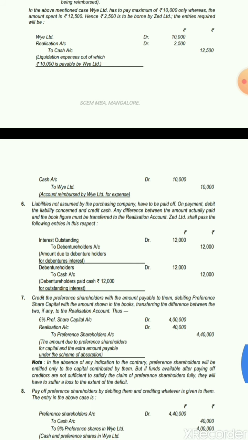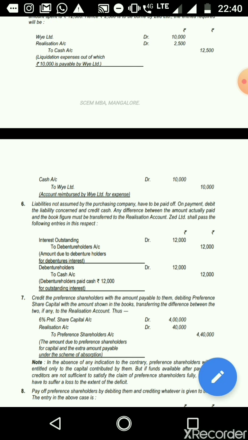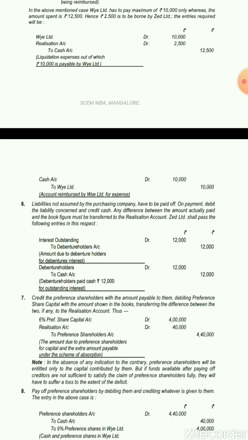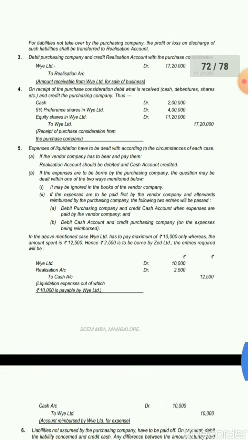Then here we know the fact that not all the liabilities have been taken over by the transferee company. So it becomes the obligation of the transferor company to discharge those liabilities. One of such liabilities is interest due on debentures. Interest due on debentures is not taken over by the transferee company.